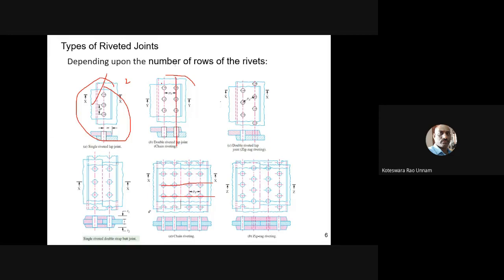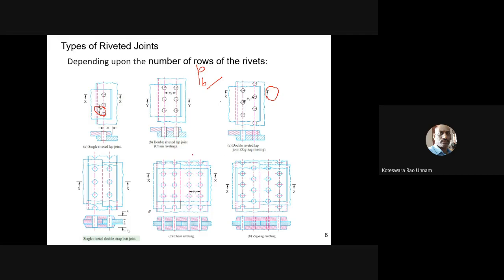This is the center line of one row of rivets and this is the center line of the other. The distance between these center lines is called the back pitch, denoted by p suffix b, whereas this one is denoted by small p only. So that is the back pitch.